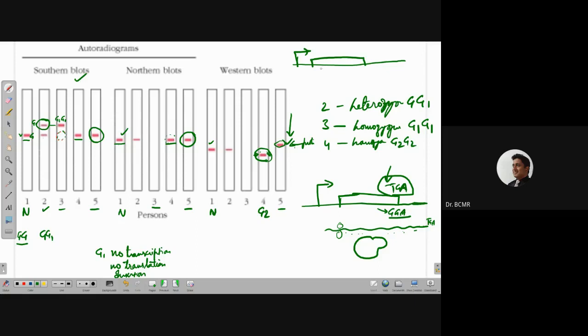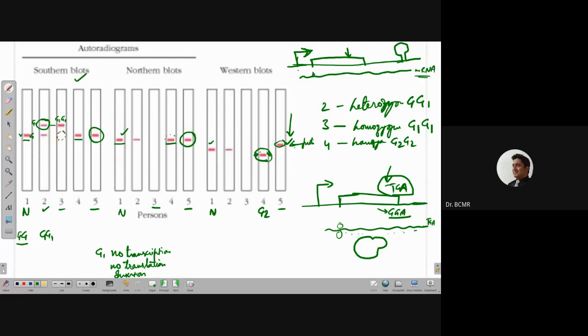No. Transcription starts at the promoter and ends at the terminator. So whatever happens in between, substitutions or any point mutations, is not going to affect the length of the mRNA.